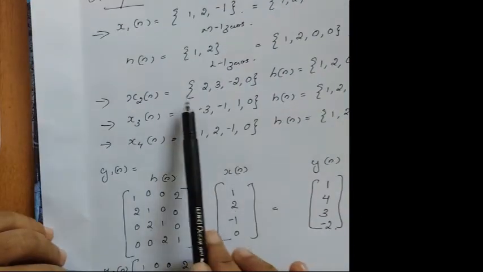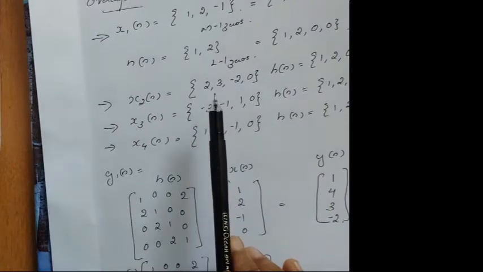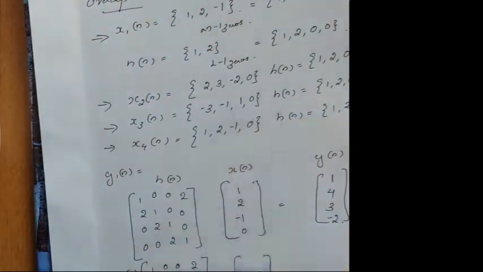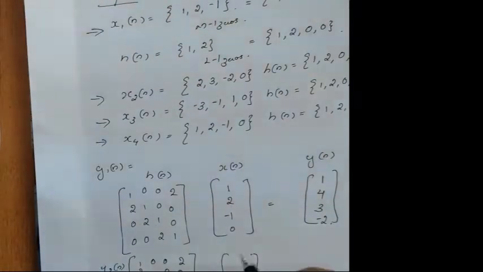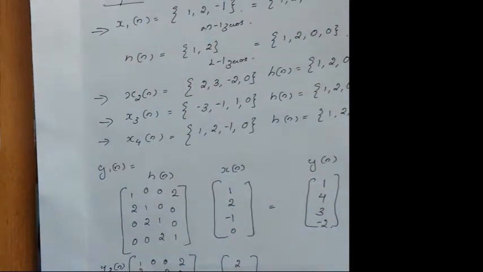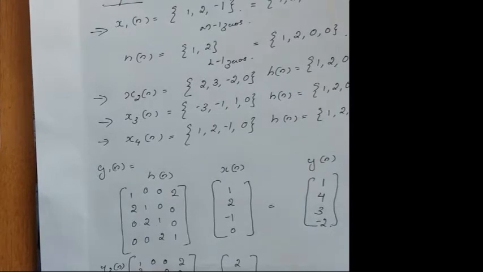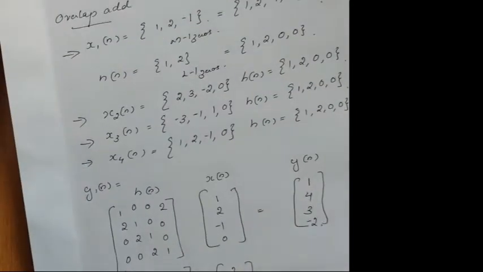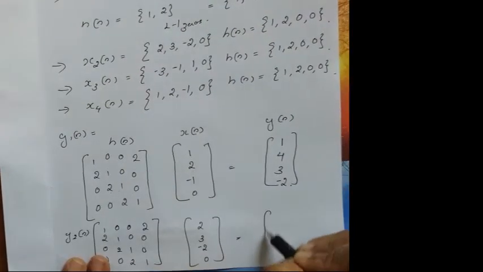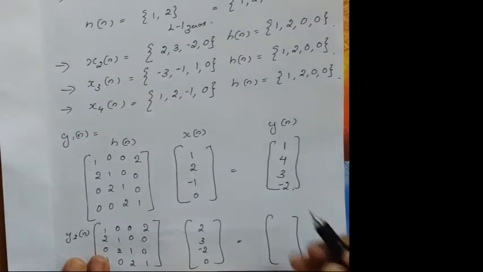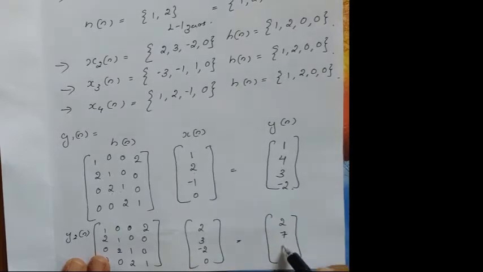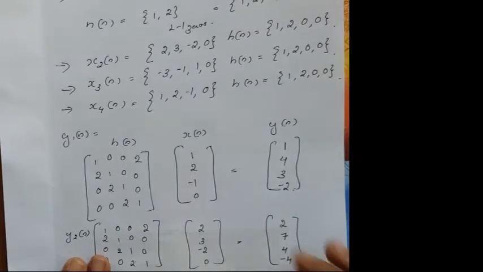Now you have to take the second x of n. Second x of n is 2, 3, minus 2, 0. So you can write it as 2, 3, minus 2, 0. After doing convolution, you will get 2, 7, 4, minus 4.